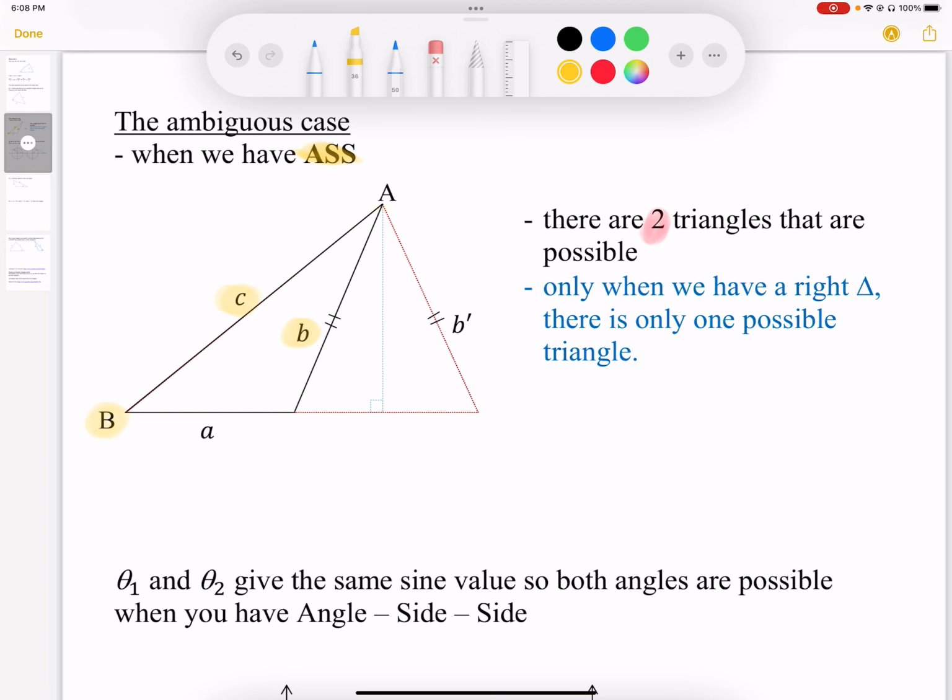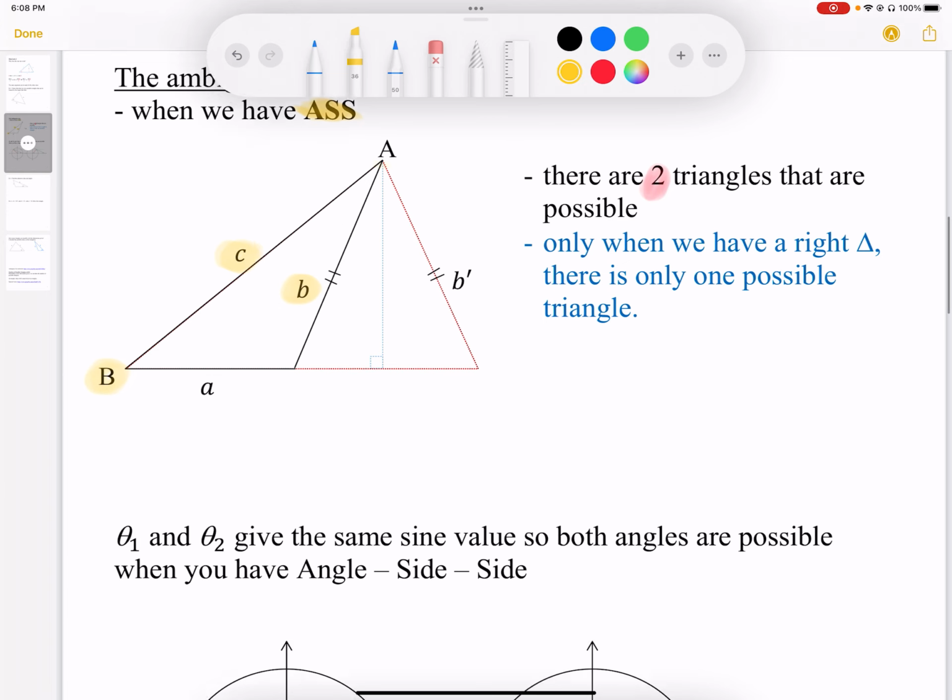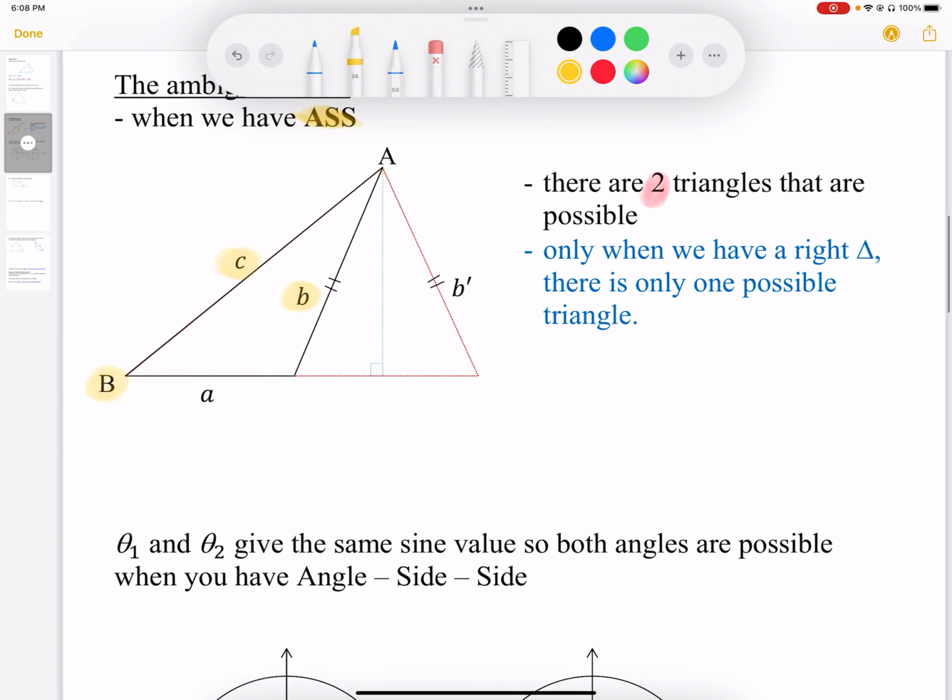And this happens to be related to theta 1, theta 2, and I'll show you why. When we take a look at the angle that we calculate here, we'll call that C1. This angle here is going to be opposite the side that we solve for.